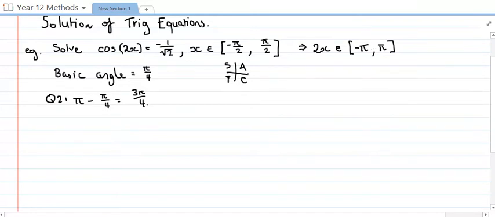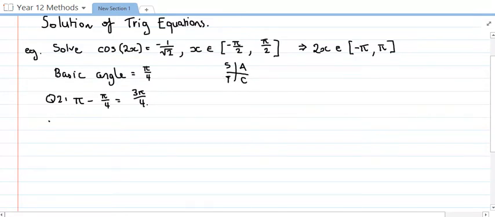Instead, I need to consider what would happen if I were to go backwards around the unit circle. Okay, so I'll go backwards to some place over here, and it's like the third quadrant, but it's working backwards. So we're going from 0 back to negative pi, and it would be if we had the negative pi plus that same basic angle.